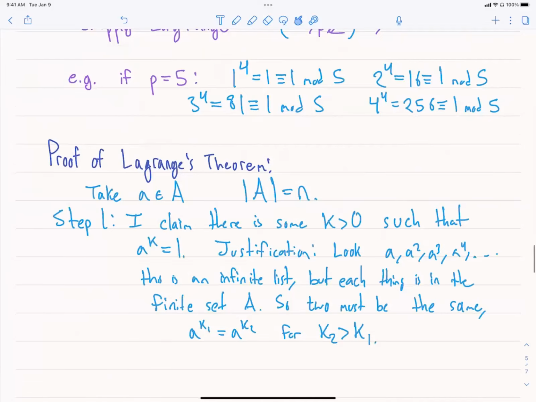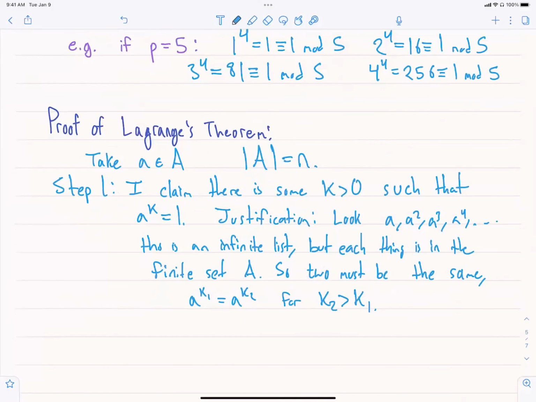Good, so I have this. And then, if a to the k1 is equal to a to the k2, I can multiply by a inverse. So I get a to the k1 times a inverse to the k1 is equal to a to the k2 times a inverse to the k1. Then a inverse to the k1 times a to the k1 just cancels, so I just get the identity element.